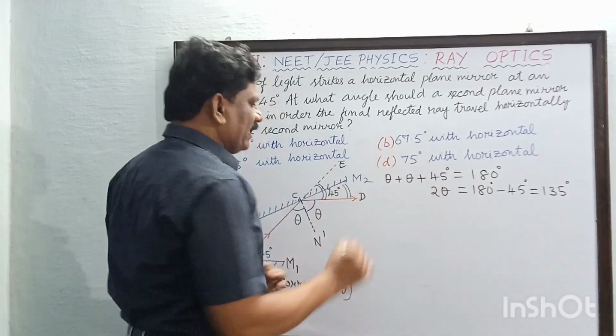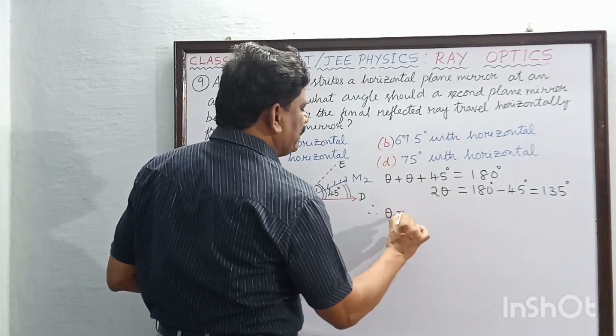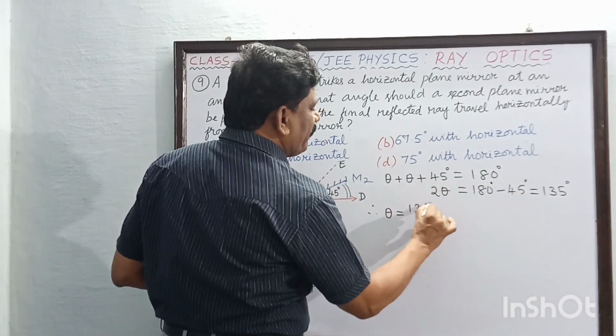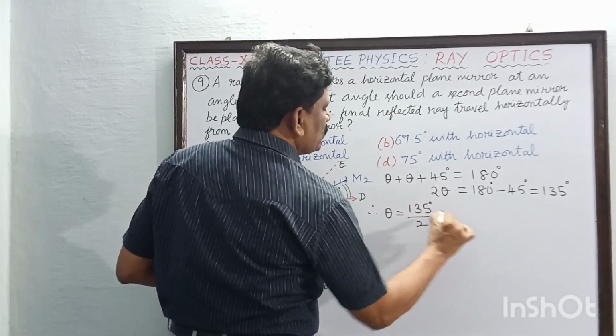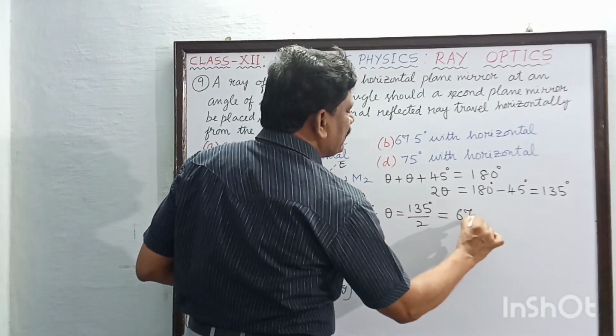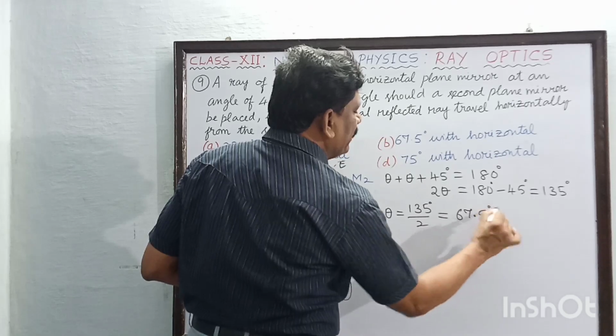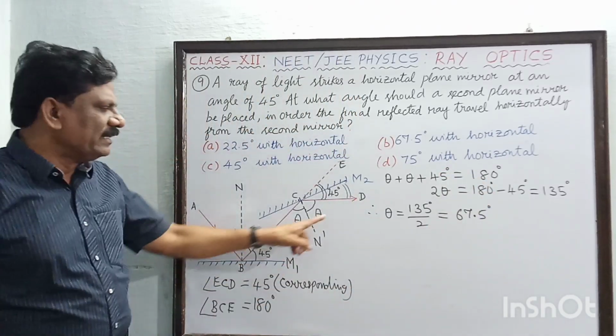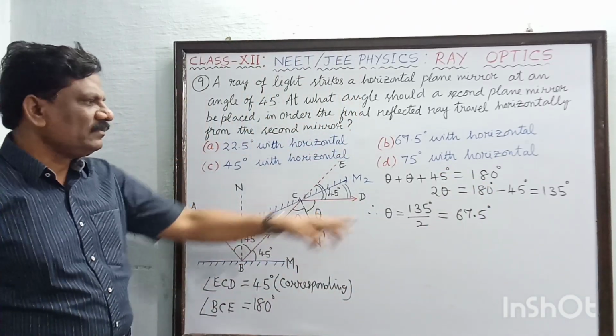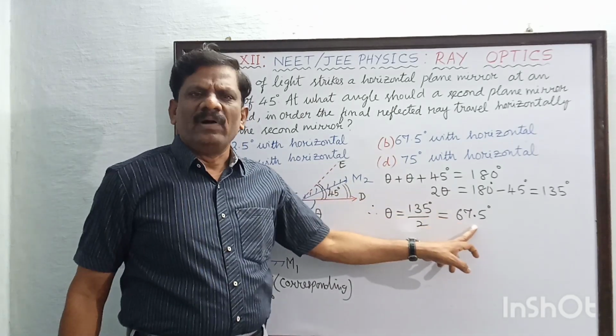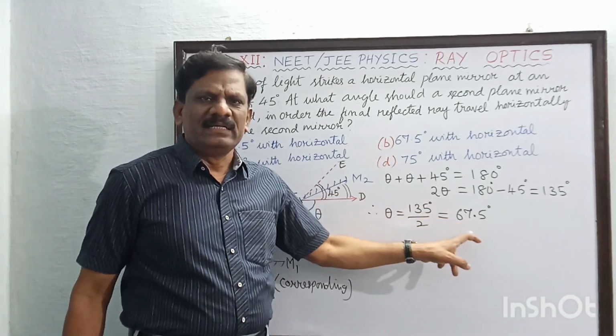So what is theta? Theta is equal to 135 by 2. So this must be equal to 67.5 degrees. This angle theta must be equal to 67.5 degrees, is it not?